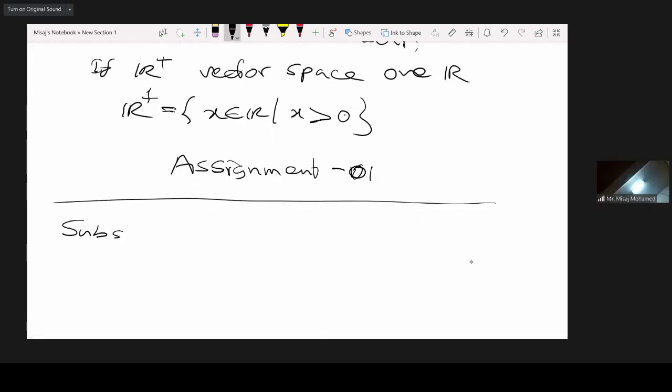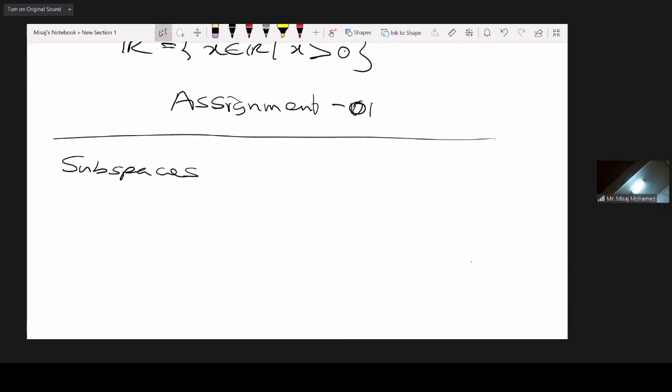Subspaces. Subspace means not that much different from a vector space. Already we know the properties to be satisfied for a vector space.